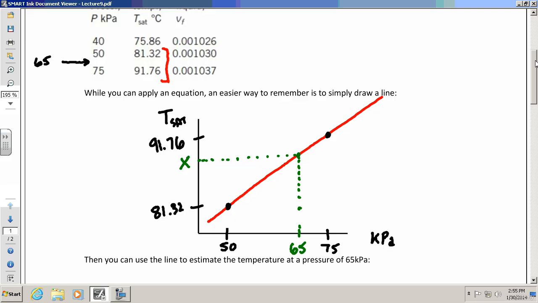All right. Then what I want to do is show you one more line. I'm going to draw a blue line that goes from the first dot at 50 kPa up to this point there.